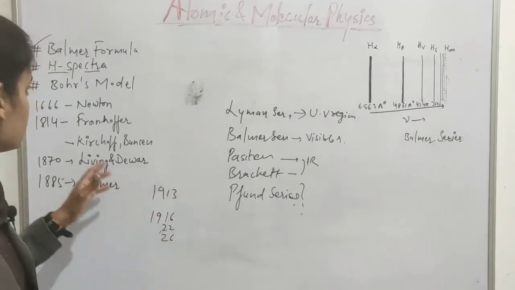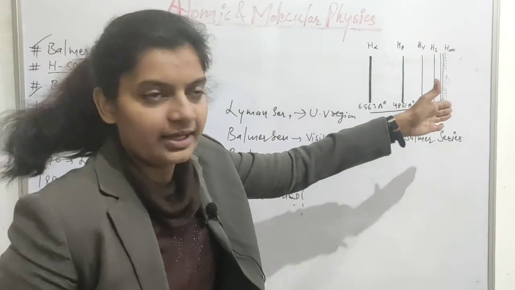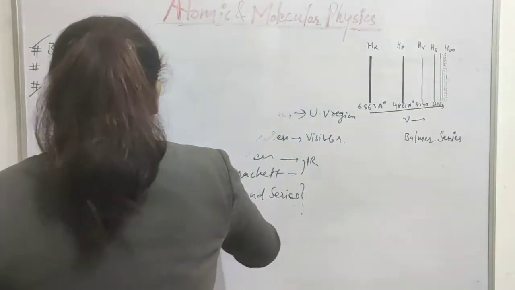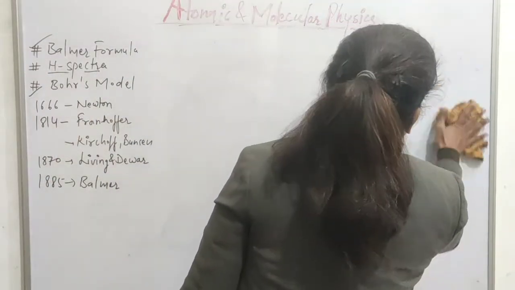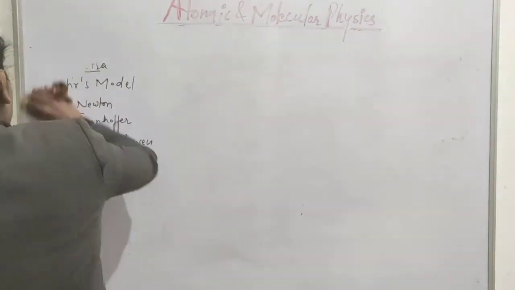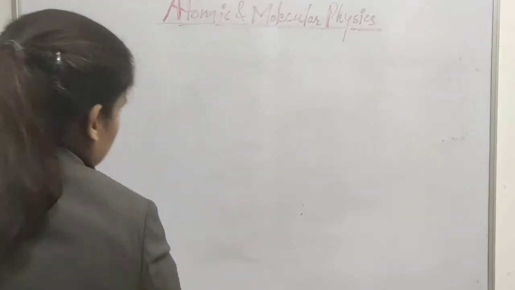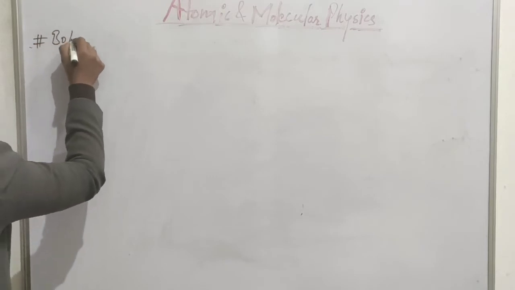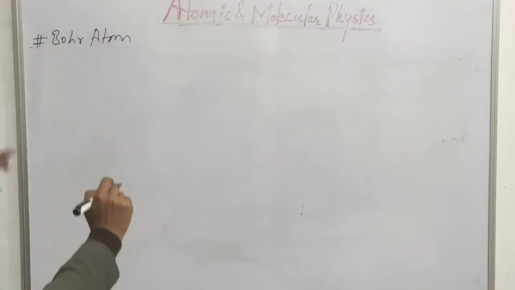So now let us first discuss Bohr's model, Bohr's assumptions to explain why the spectral lines are like this. Let us first write what the successes of Bohr's model were. In 1913, Bohr's model of atom. What were the successes?